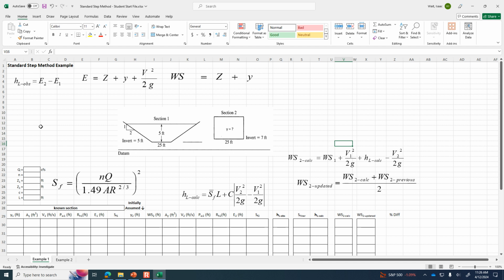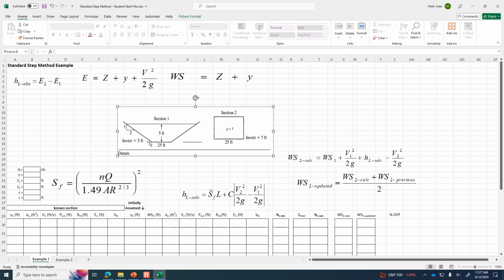Like if you went from here to here, you'd have one spreadsheet. From here to here, you'd have another. So you'd need to break the channel up into a lot of different sections. So we're doing this just acknowledging that this is a linear change in shape that in reality would require us to do a different page for each segment of the channel.